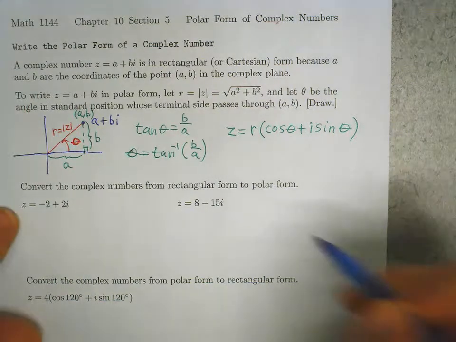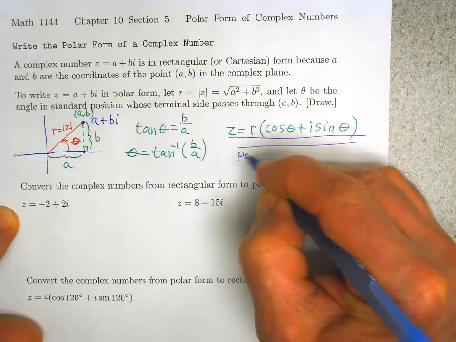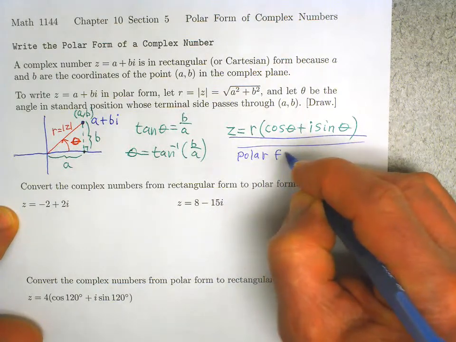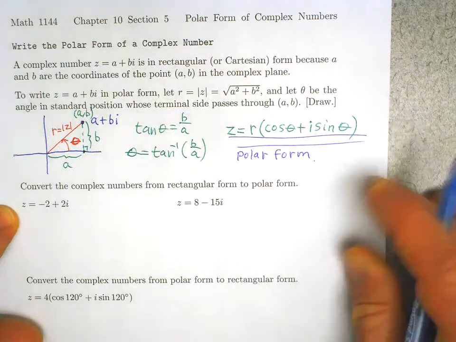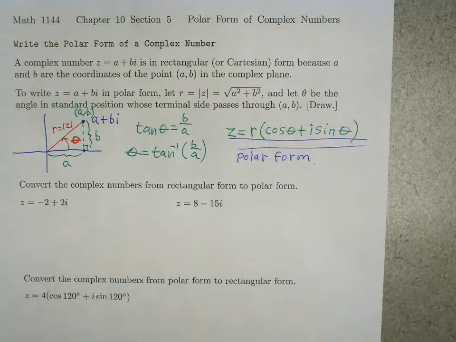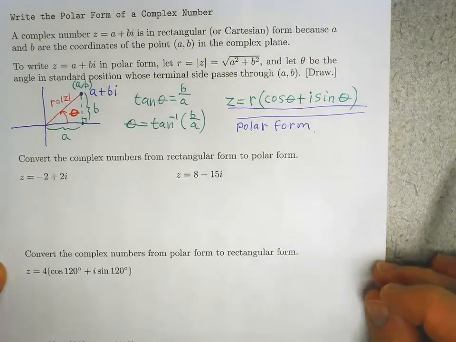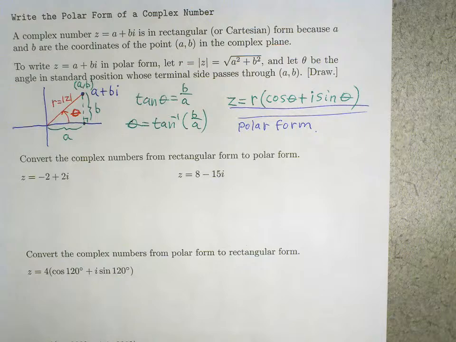Okay, this is the polar form. Okay, in this first couple of exercises, we'll convert the complex numbers from rectangular form to polar form.